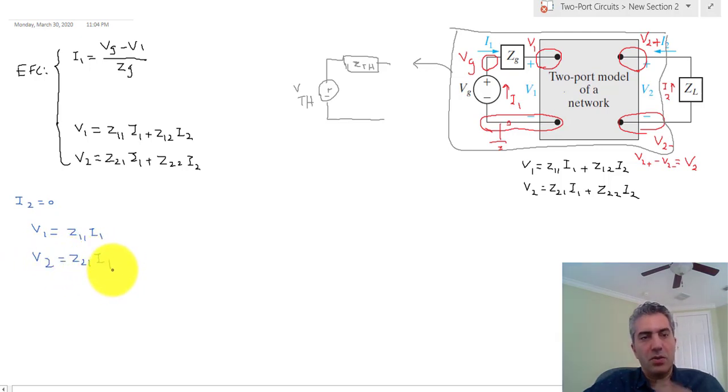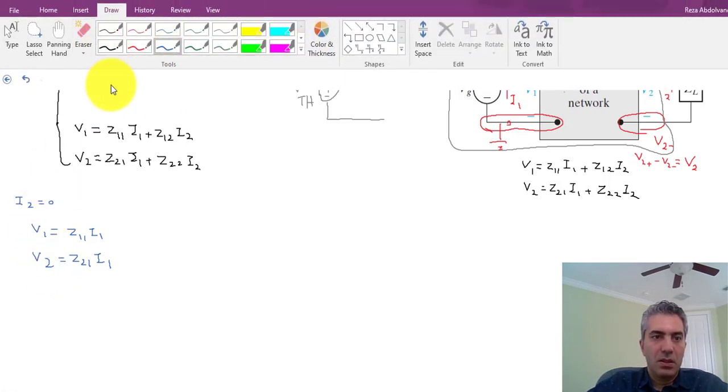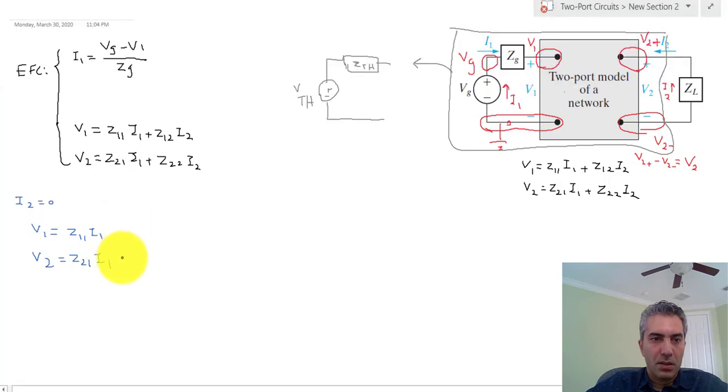There is no I2 anymore. This first equation is still valid, but these two have changed to this. Now I'm trying to calculate V2, and that's my Thevenin, so I can rewrite this right here, or say that this is actually my V Thevenin.